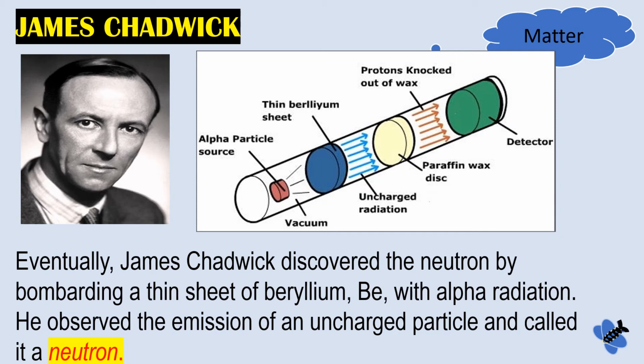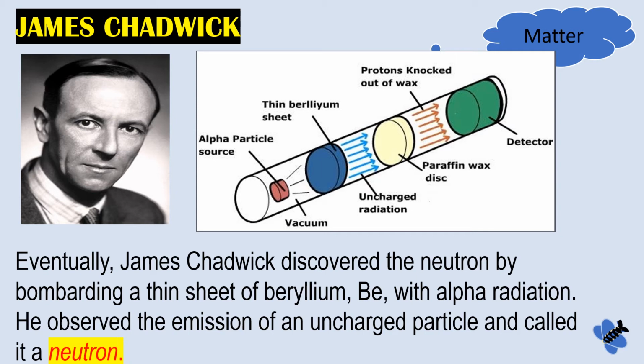In his experiment, Chadwick shot alpha particle radiation at a very thin sheet of beryllium. The radiation knocked neutrons out of the beryllium atoms. These neutrons did knock positively charged protons out of a disk of wax, which were picked up by a detector.